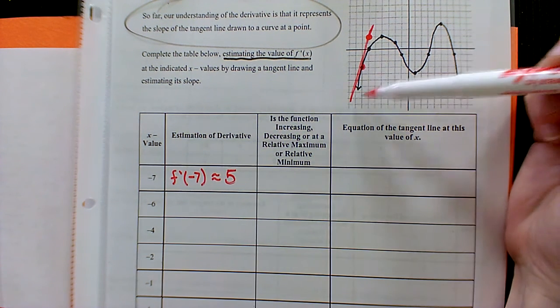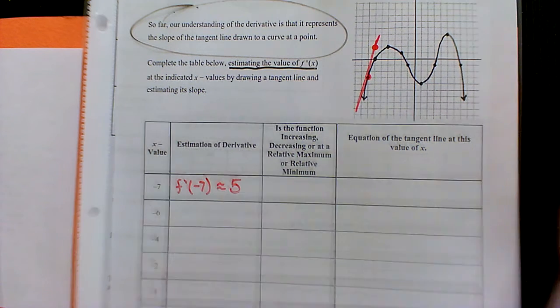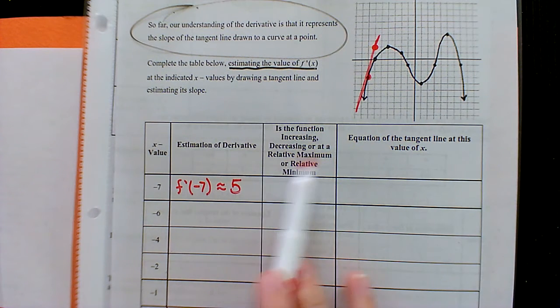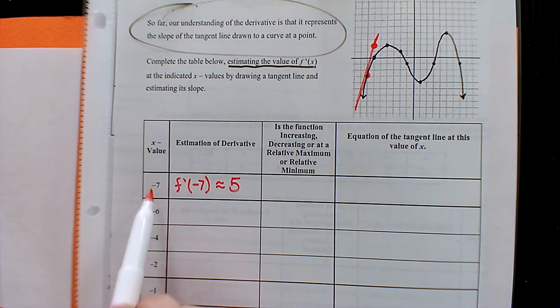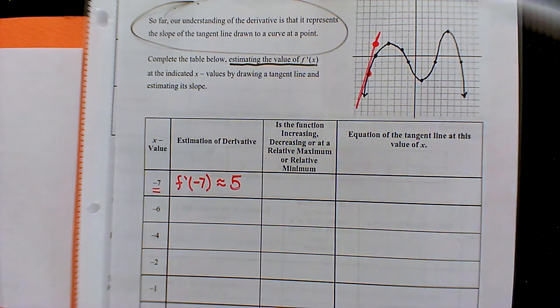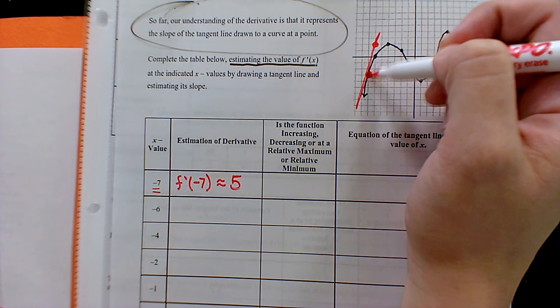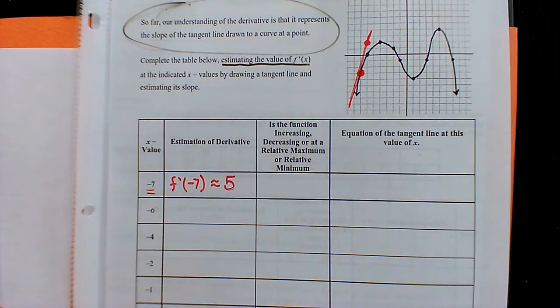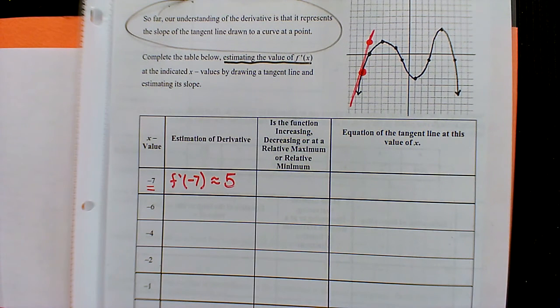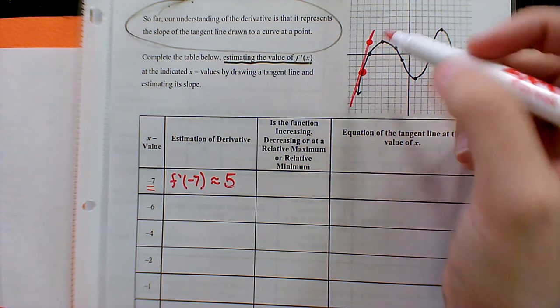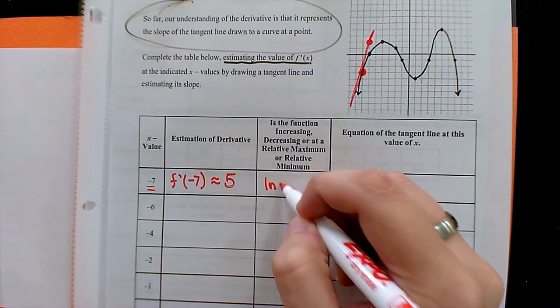Is the function, meaning the black original graph, increasing, decreasing, or at a max or minimum at this location? Okay, we're looking at this point of -7, or x location of -7 on the graph. What do you think? It is increasing. How do you know?